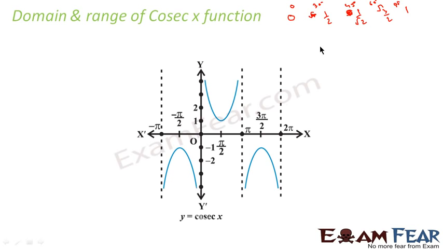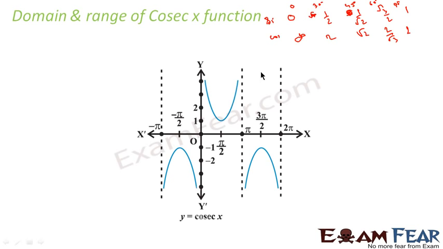Now I'll say 1 by, because this was sine, say cosec. So 1 by 0 is infinity, 1 by 1 by 2 is 2, 1 by 1 by root 2 is root 2, 1 by root 3 by 2 is 2 by root 3, 1 by 1 is 1. So we have got these values of cosec.